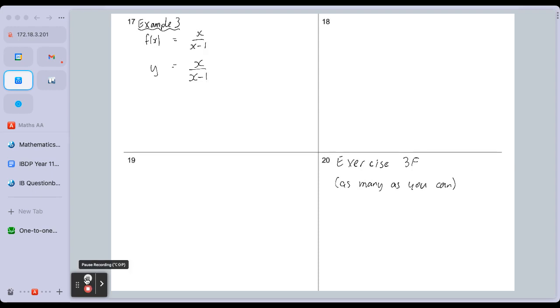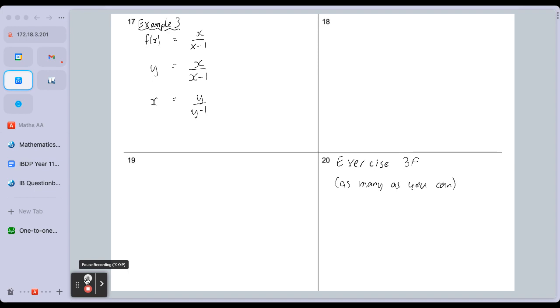Okay, so I'm going to multiply both sides by x minus 1 in order to get rid of the fraction. Whenever we can, we've got to try and get rid of those fractions. Of course, the first step is to switch the x's and the y's.